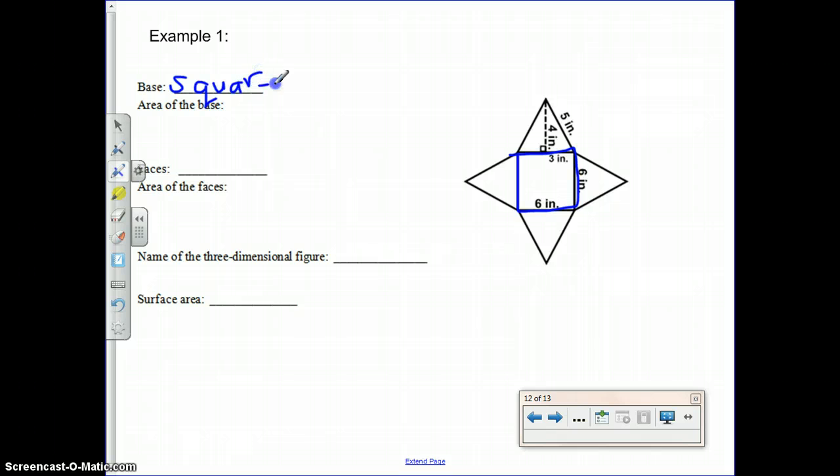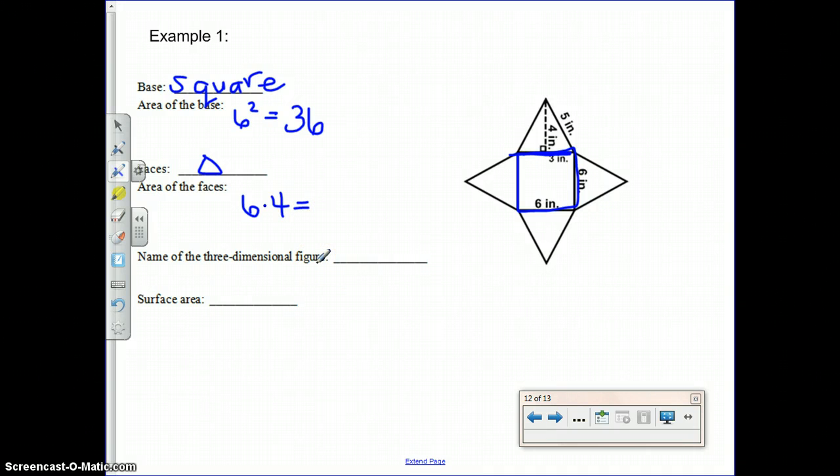And we know how to find the area of a square. We are just going to do 6 times 6, or 6 squared. So the area of our square is 36. And our faces are all triangles. And we know how to find the area of a triangle. It's base times height, divided by 2. So this base is 6 times height, which is 4.